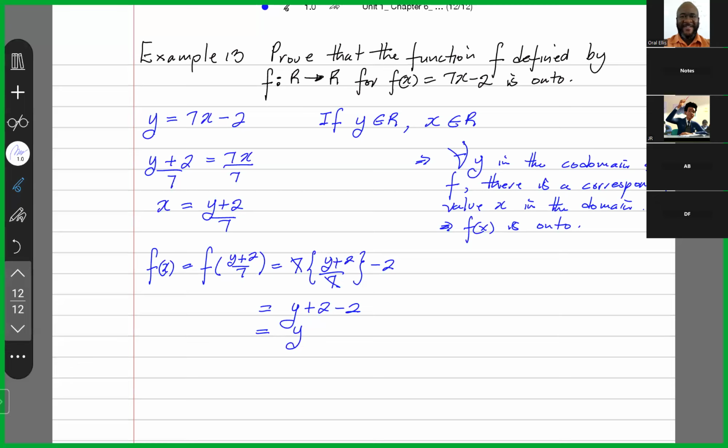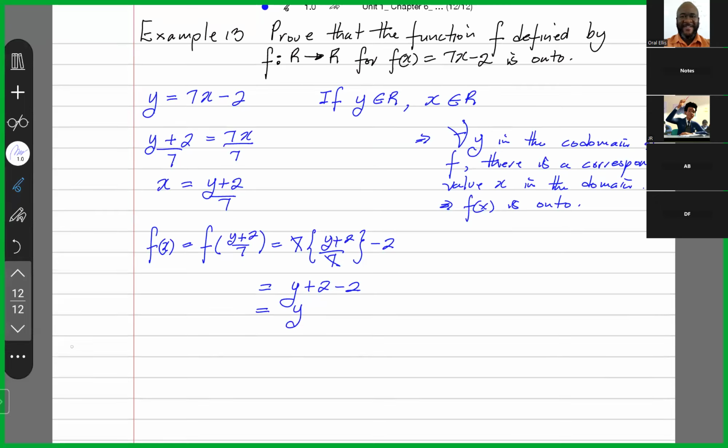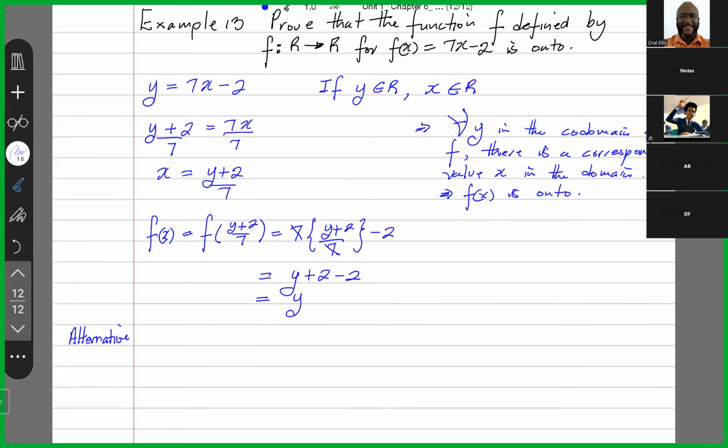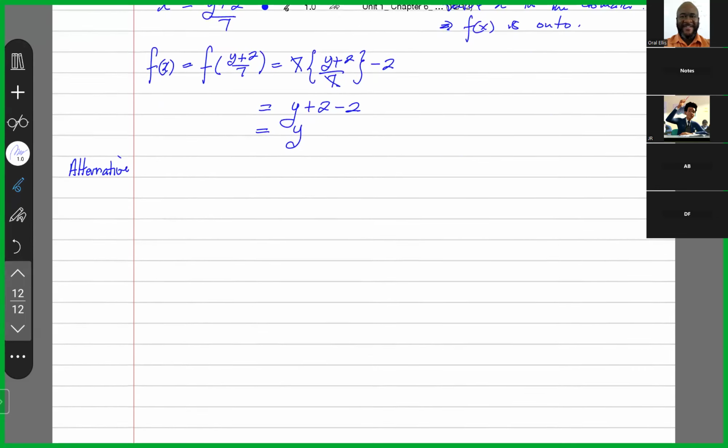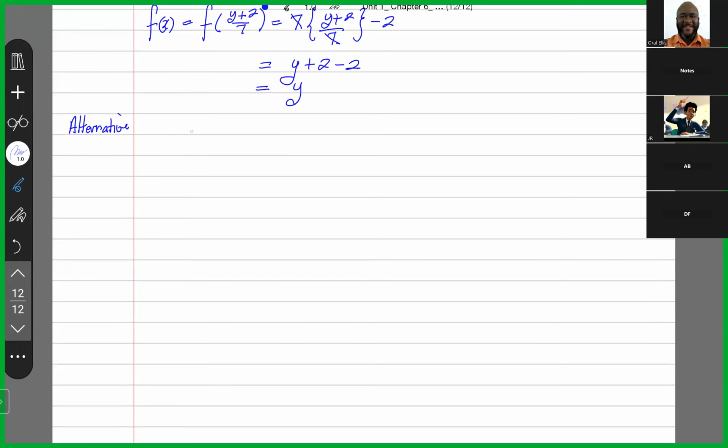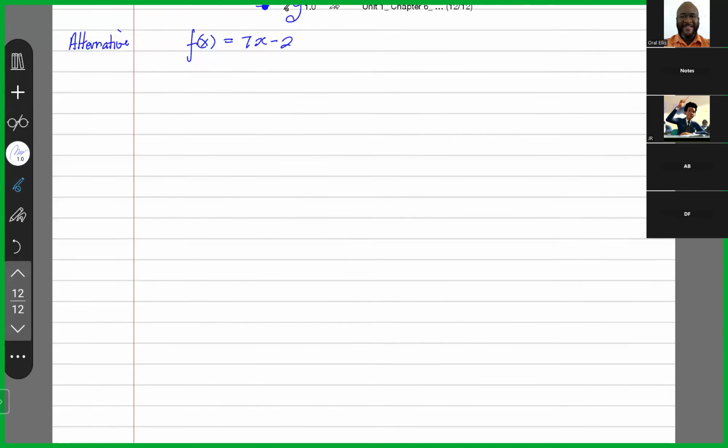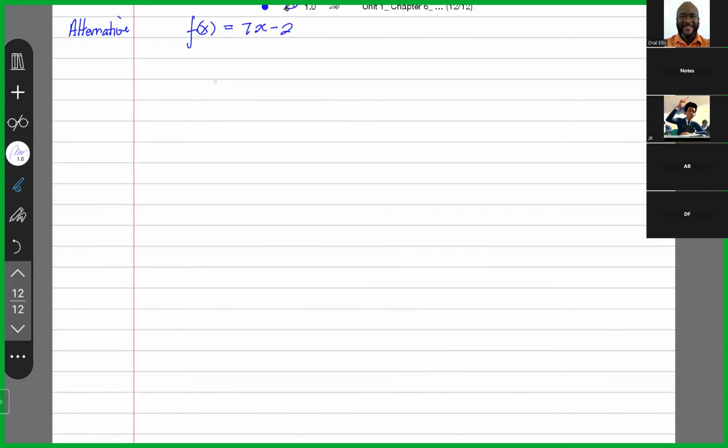All right, so let's have a look at the alternative approach. For the alternative approach, we have to draw a sketch of the graph of the function f of x is equal to 7x minus 2. Again, this is a linear function, and the graph of a linear function is a straight line. So I'm doing a sketch, so that's my y-axis.